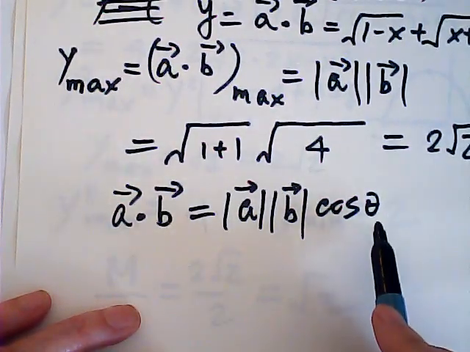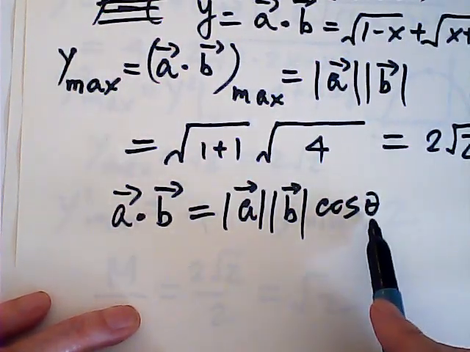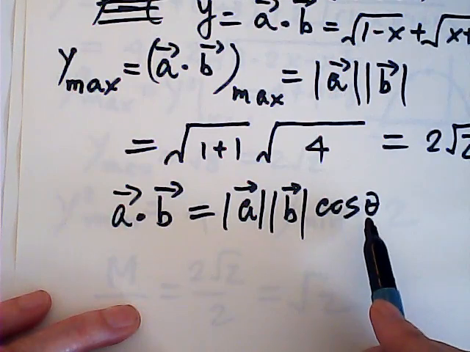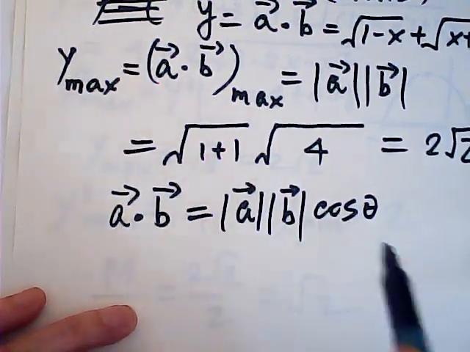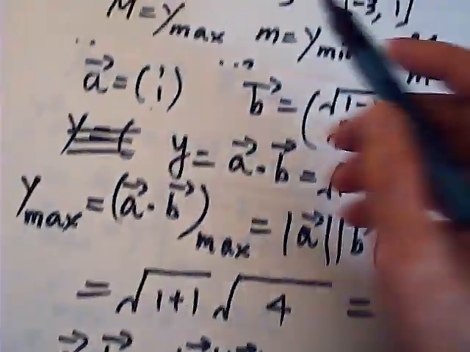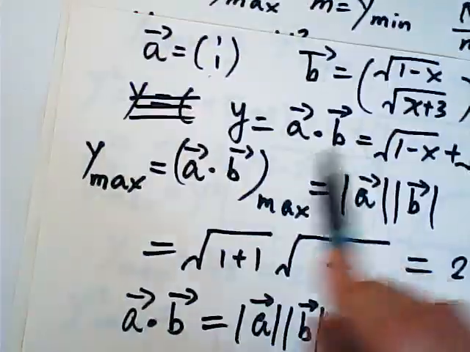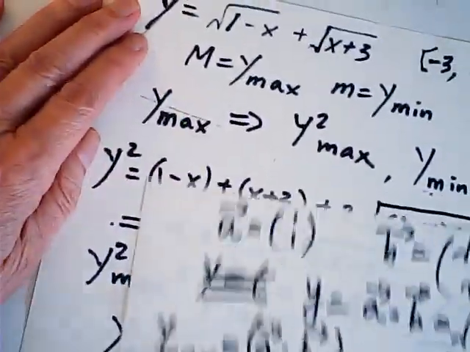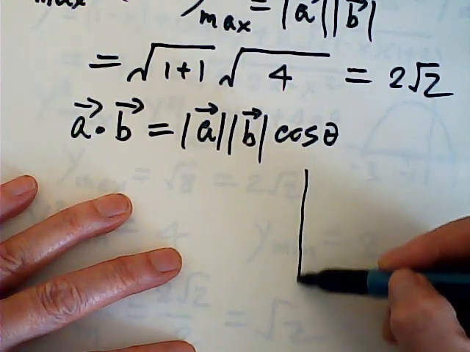Now the maximum value is when cosine is 1. For the minimum value, cosine should be -1. But here, we know that these two vectors, let me put it this way.